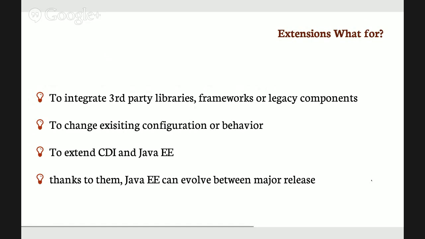So we develop feature extensions that are working today in CDI 1.0 and 1.1, and we can test them, they are working, and we can decide, okay, this is interesting, let's standardize it. But in the meantime, you can still use the extension provided by Delta Spike. So you have a way to integrate new features in a natural way without having to wait 3, 4, 5 years for a new Java EE version.